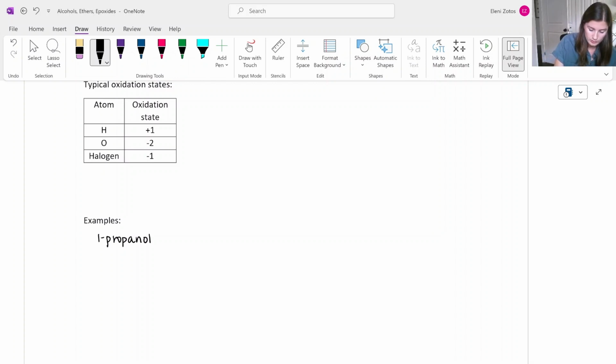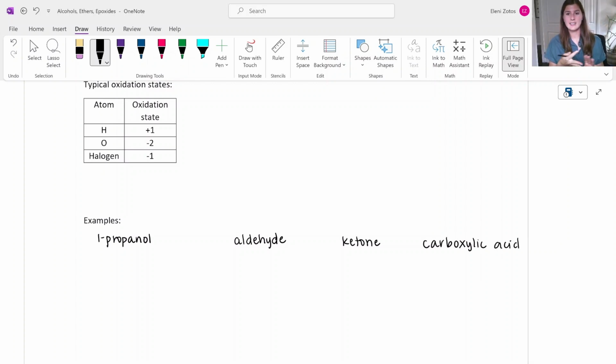We'll do an alcohol, an aldehyde, a ketone, and a carboxylic acid. Alcohols, aldehydes, ketones, and carboxylic acids are the main functional groups that we'll be focusing on for the rest of the term.